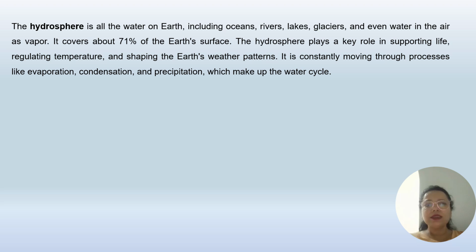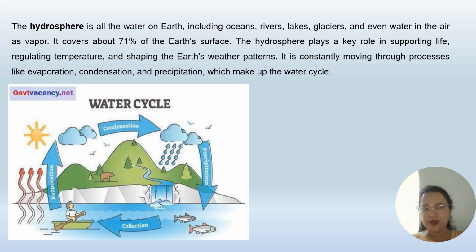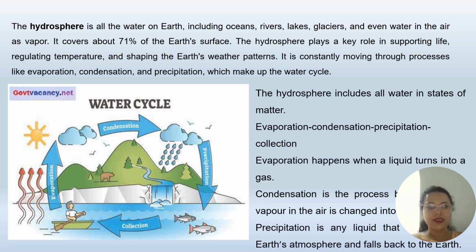Right, so we are constantly moving through a process of evaporation, condensation, and precipitation. So you can see here in this diagram, it forms the water cycle. So just to quickly go through the processes, evaporation is when liquid water changes into a gas.